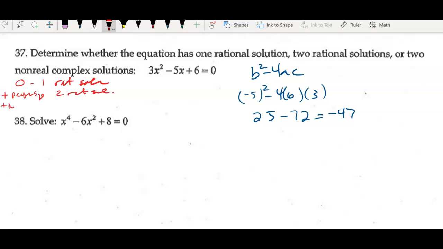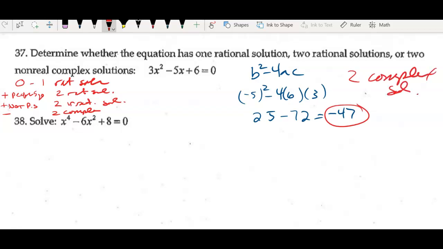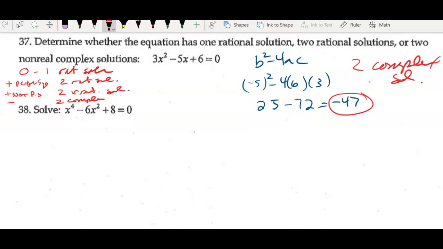If it's positive and not a perfect square, you're going to get two irrational solutions. And if it's negative, you're going to get two complex solutions. So because we are negative, we get two complex solutions because you're going to end up with i's.